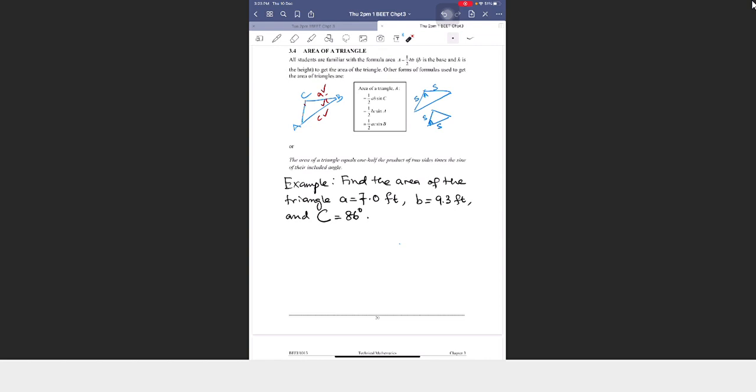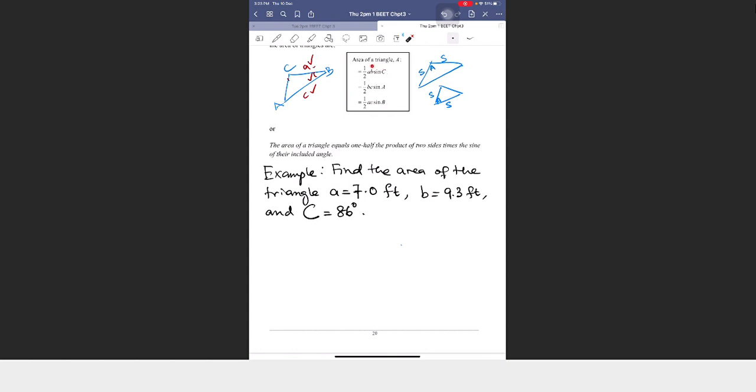Even if we don't sketch a triangle, you can just see what is given: A, B, and angle C. So basically half times A times B times sine C. It is quite straightforward, finding the area using this formula.